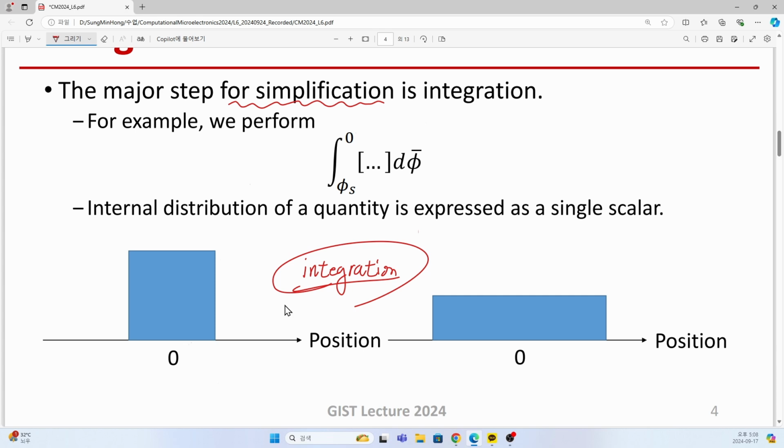So the better way is not doing this integration over our entire system, but we need to keep the point-wise information.